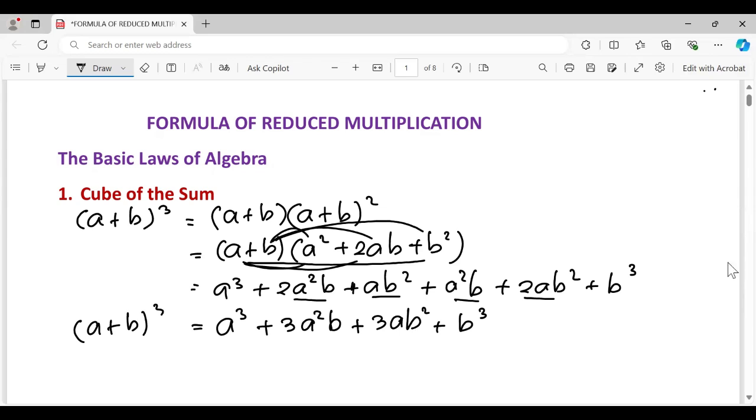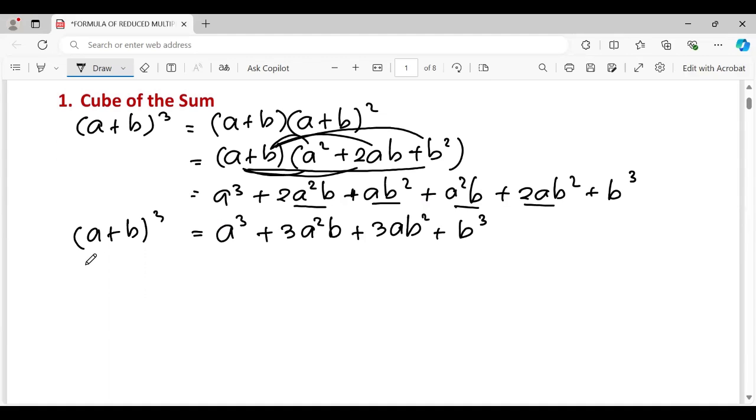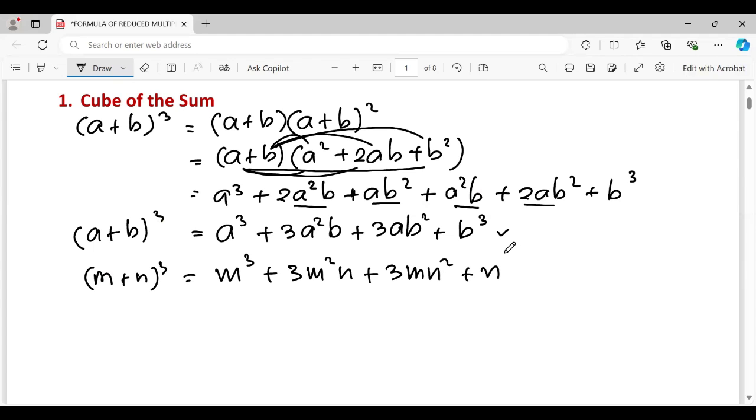Now, how about m plus n cubed? According to this expansion, m plus n cubed equals m cubed plus 3m squared n plus 3mn squared plus n cubed.